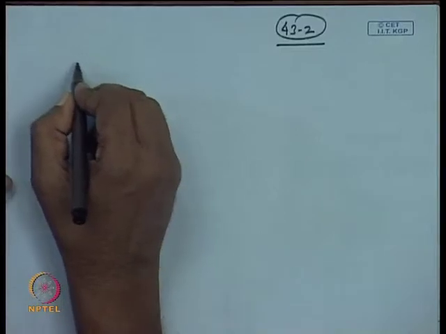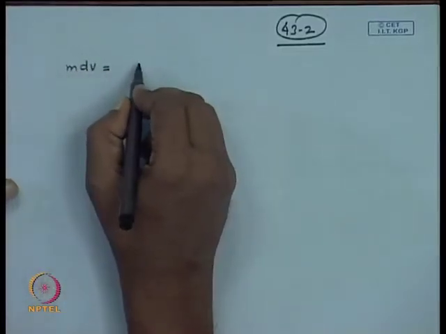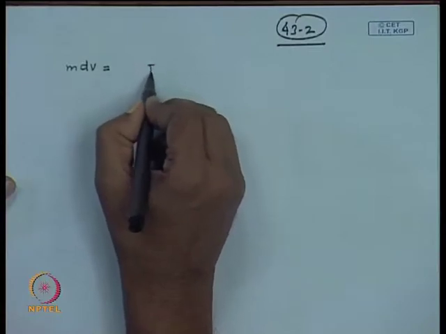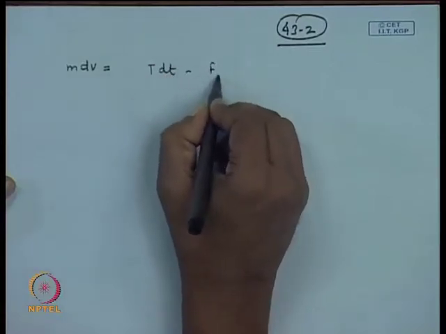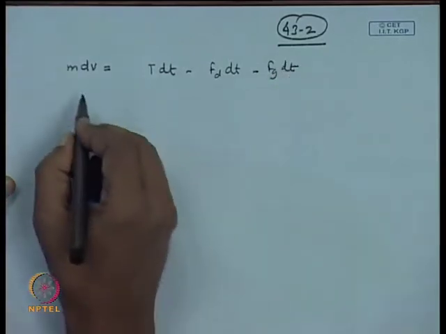Okay. So, we can write m dV equal to T dt minus F_d dt minus F_g dt.